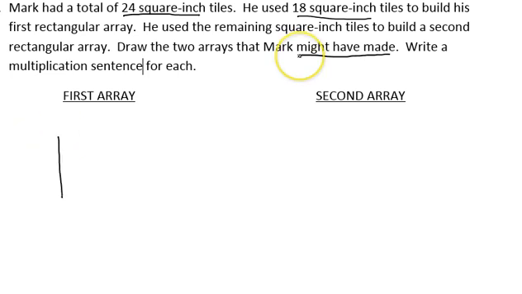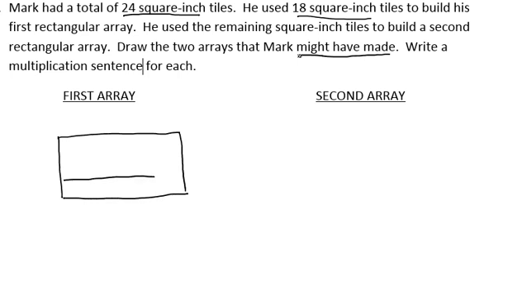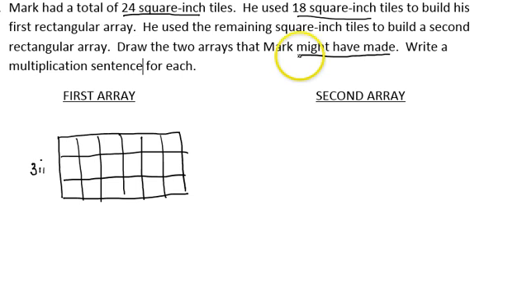That means if I draw a rectangle that shows 3 rows and 6 squares in each row, then I've used 18 square inch tiles. And to put my dimensions, I have 3 inches along the side and 6 inches along the top. The multiplication problem that goes with this is 3 times 6. 3 rows of 6 equals 18.